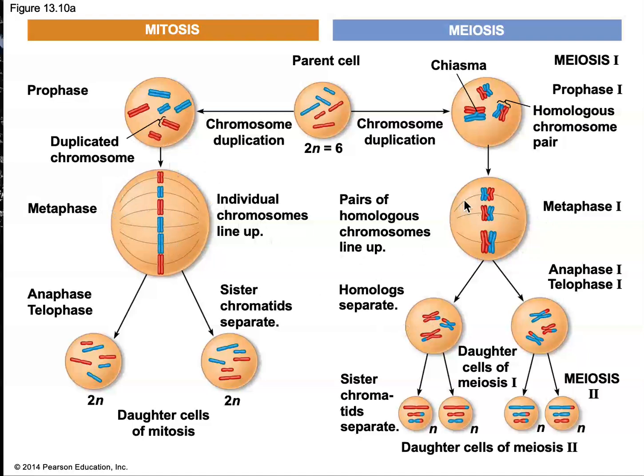As you can see, in meiosis 1, that first round of splitting up the chromosomes, the homologous chromosomes line up side by side and get pulled apart. Whereas in mitosis, all the chromosomes line up end to end, and the sister chromatids are pulled apart. That pulling apart of the sister chromatids doesn't happen in meiosis until the second round, until meiosis 2, when you pull these apart and then create the haploid cells.